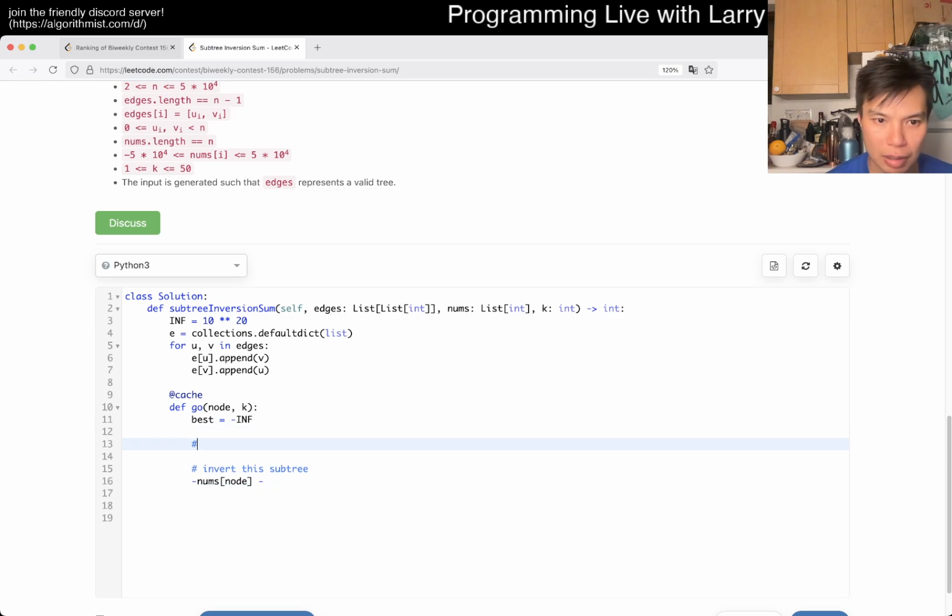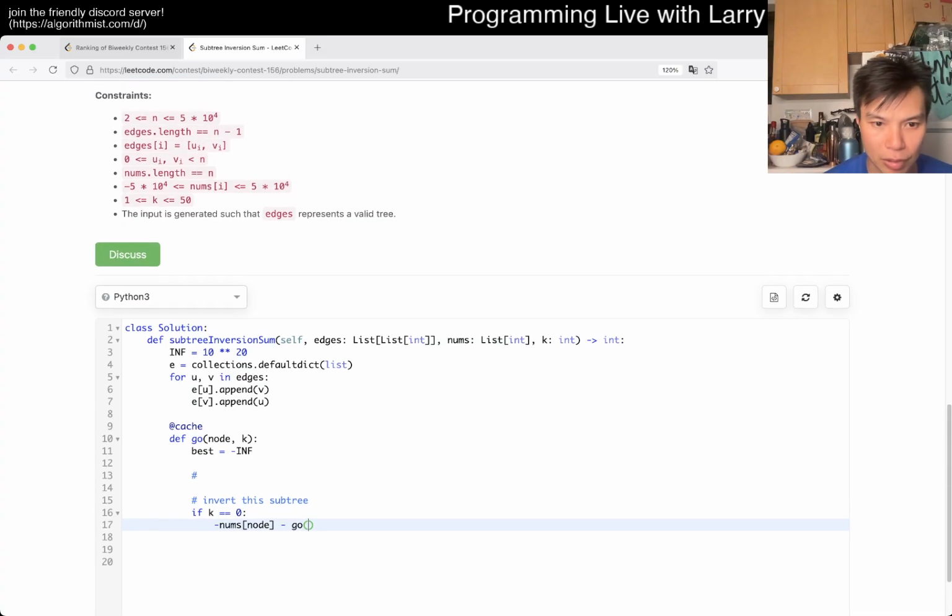Well, I mean, yeah, and even that. Oh, we invert the subtree only if k is equal to 0. So we invert the subtree. We go through the children of node, right? N times 50 should be fine, right? So all the children. Okay, I mean, this is a for loop, so we got it, I think.